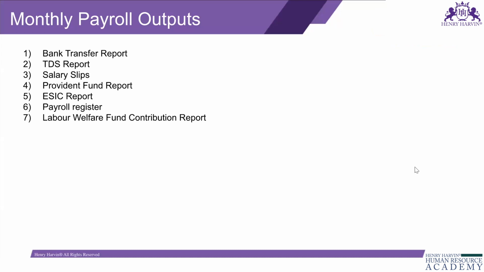Say for example, if you have 100 employees, then for those 100 employees, what is the basic, what is the DA, what is basic plus DA, what is the HRA, the medical allowances, the transport allowances, the special allowances, what is the gross, what is the ESI amount, what is the PF amount.